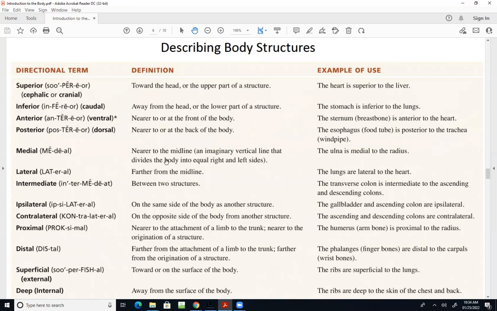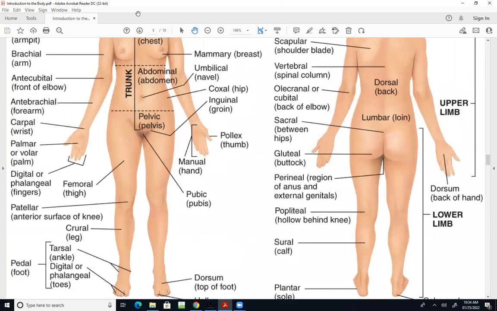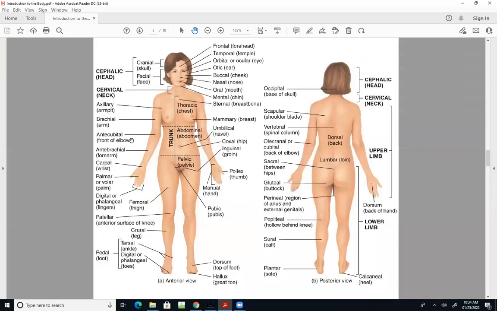Going back to why we need anatomical position, if we had one arm above the head and a knee bent or something like that, it would be tough to tell what's towards the head and what's below the head. If the person's standing up, it's easy to say the elbow is superior to the wrist, it's above it, right?